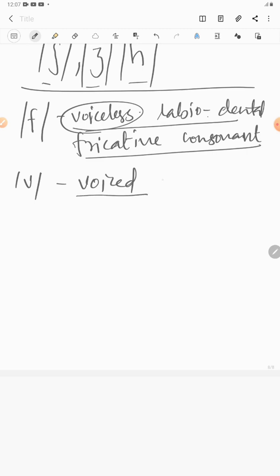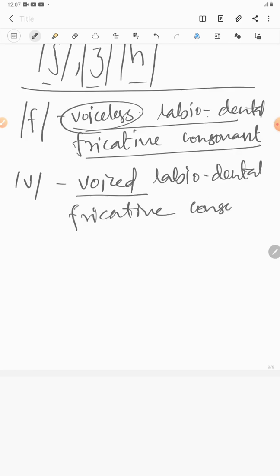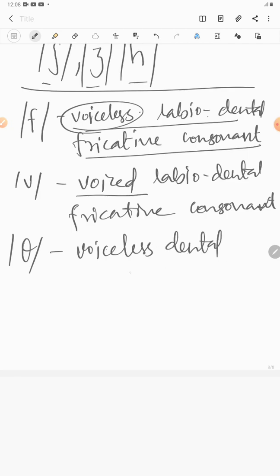Then th, as in thin, is voiceless dental fricative consonant.